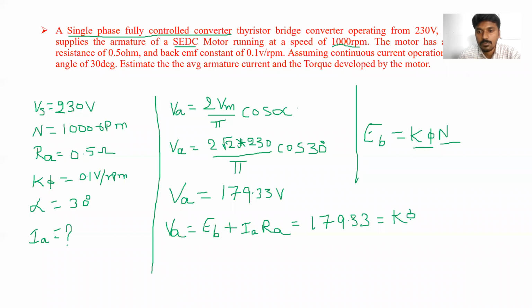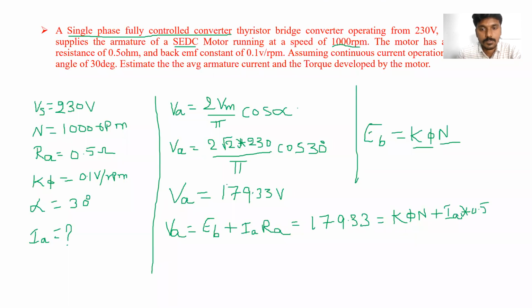K into phi into N plus IA into armature resistance, how much? 0.5. Clear? So that is equal to VA. What is the value of VA? 179.33. 179.33 is equal to K phi N. What is the value of K phi?